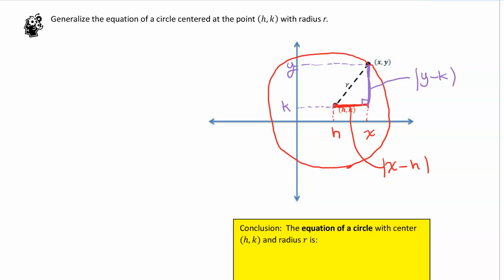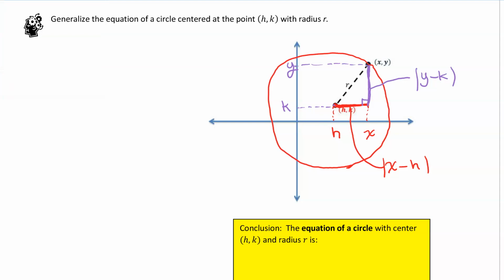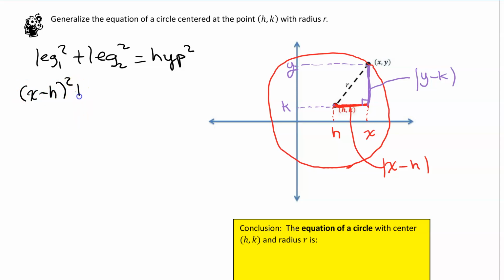Pythagoras would say, within that right triangle, leg 1 square plus leg 2 square equals hypotenuse square. Leg 1 is x minus h square plus leg 2 square, which is the purple part, y minus k square, is equal to the hypotenuse square, and the hypotenuse is the radius square.